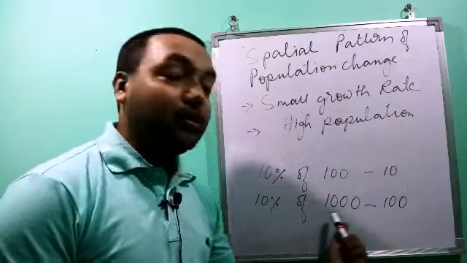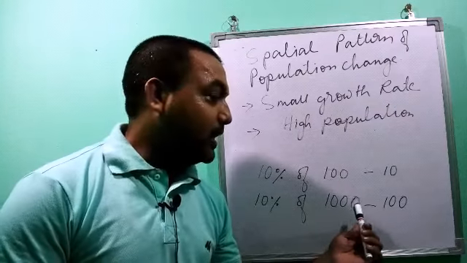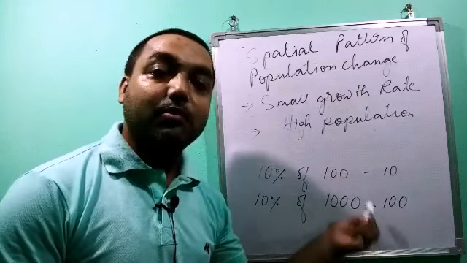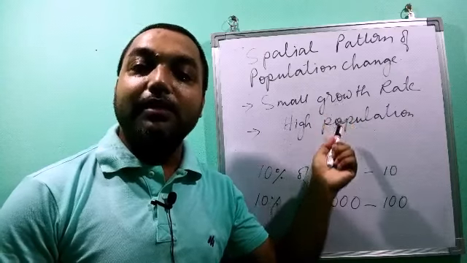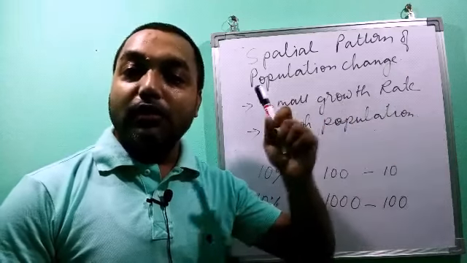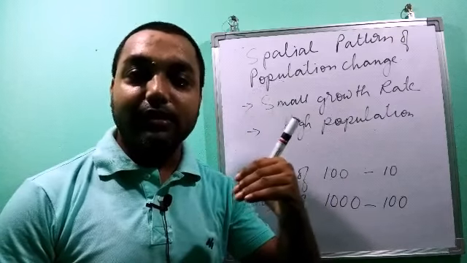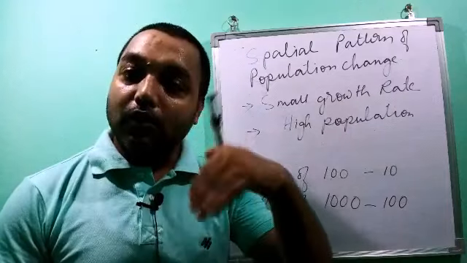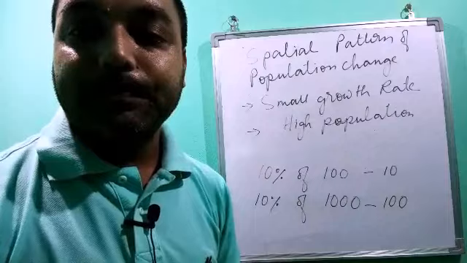But 10% of 1000 is also 10%, yet the increase is 100 because the total population is more. So in countries with high population, though the rate is less, the population will still go on growing and growing, becoming bigger and bigger.